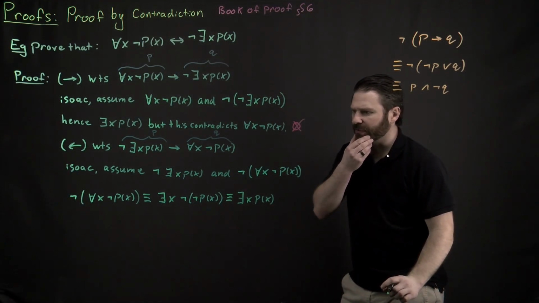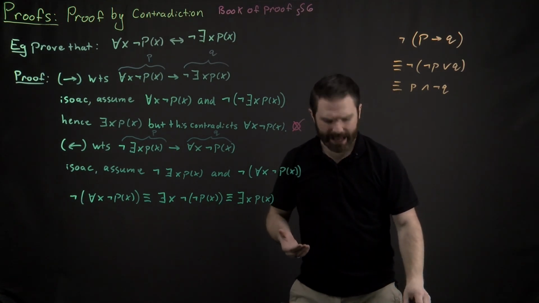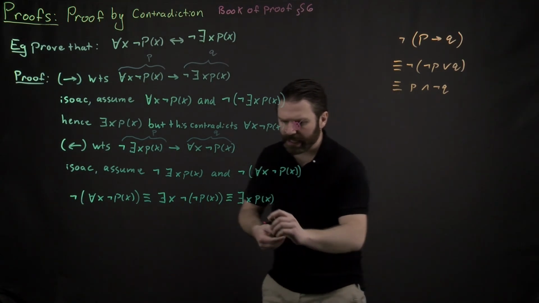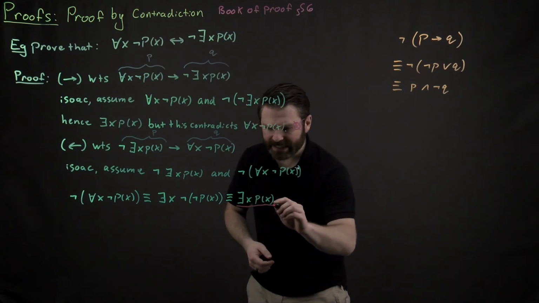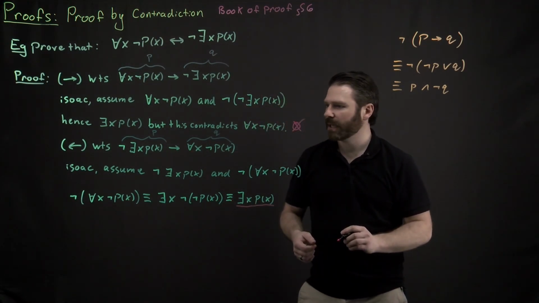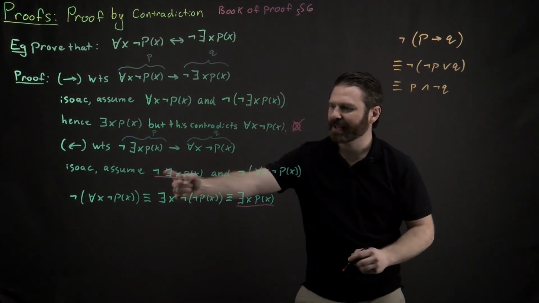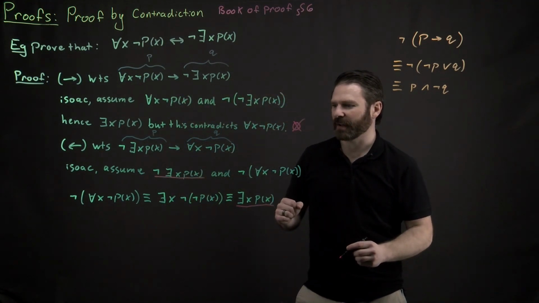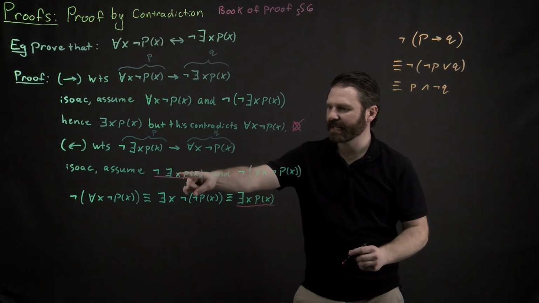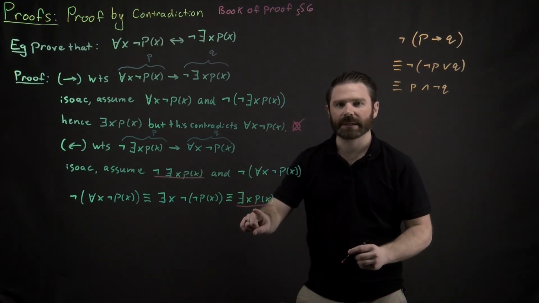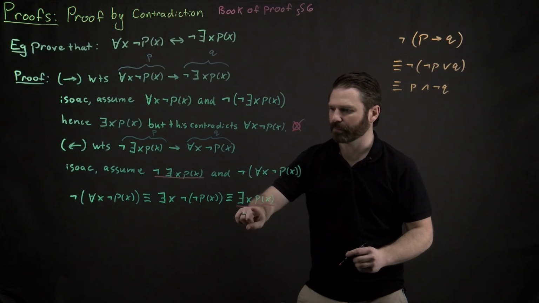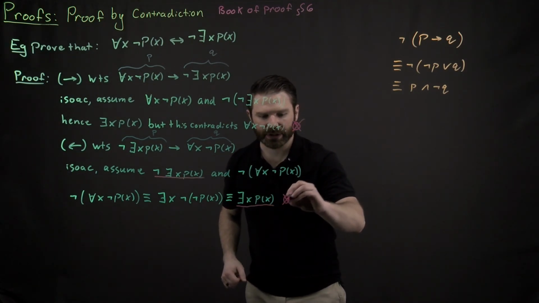Well, have we derived a contradiction? Yes, in fact, we have, because I see here it says there exists an X such that P of X, but we've assumed not there exists an X such that P of X. So indeed, this statement and this statement cannot coexist together. This is a contradiction.